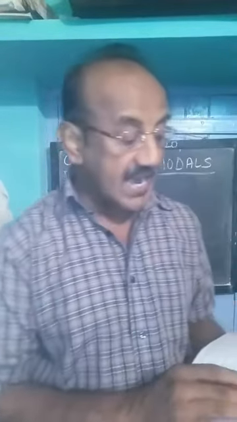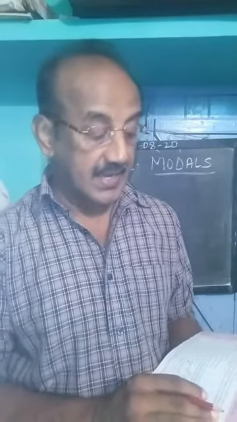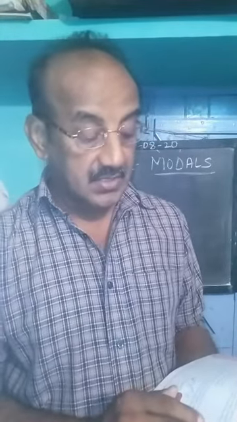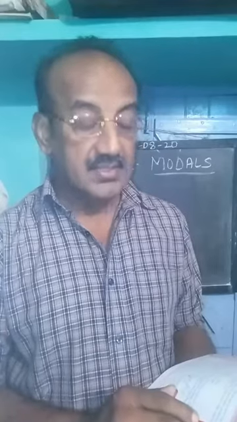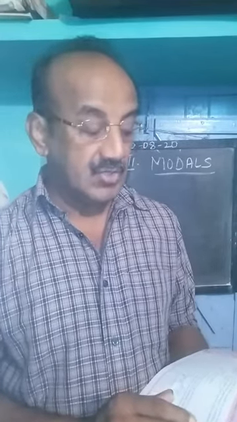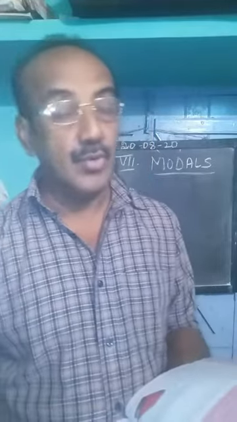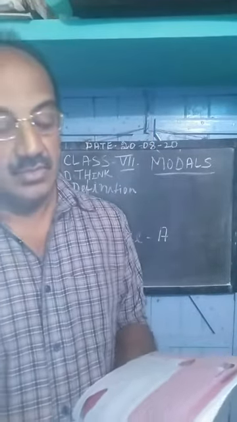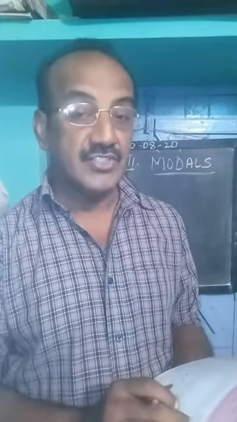Now, Chaitanya can ride a bicycle. This is expressing ability, can. She can, she is able to ride a bicycle. Most of the time these modal verbs just represent those functions.